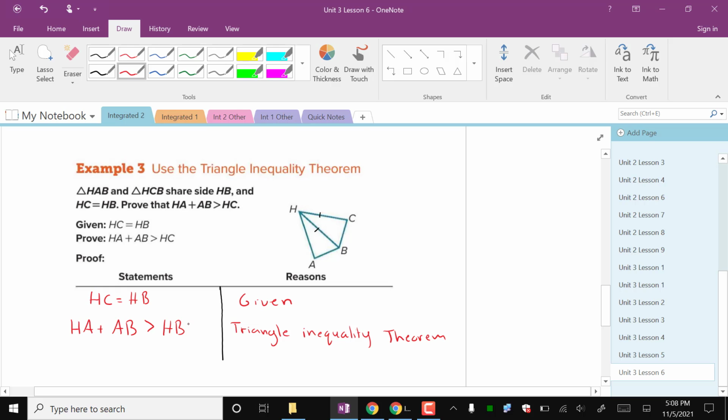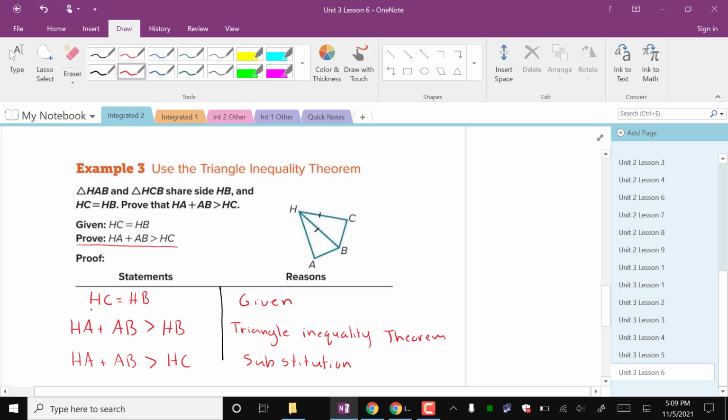But what do we know? We know that HB equals HC. That was given to us. So we can substitute out HB with HC, and we would end up with HA plus AB is going to be greater than HC. And as we said, that is substitution. And therefore, we prove what we wanted to prove. We proved that HA plus AB is greater than HC.